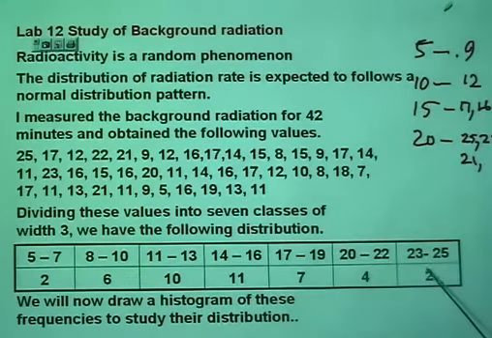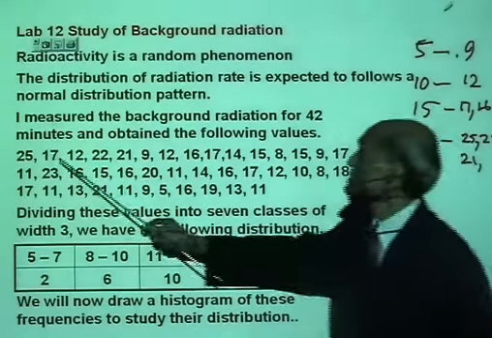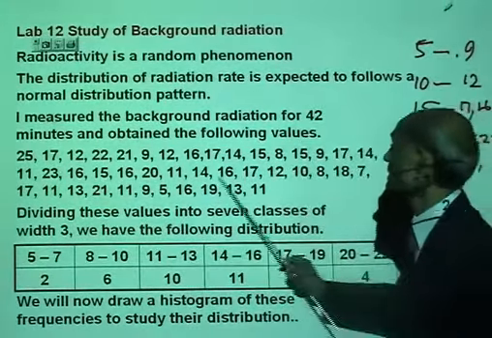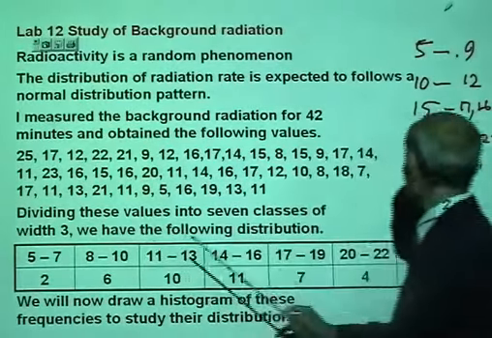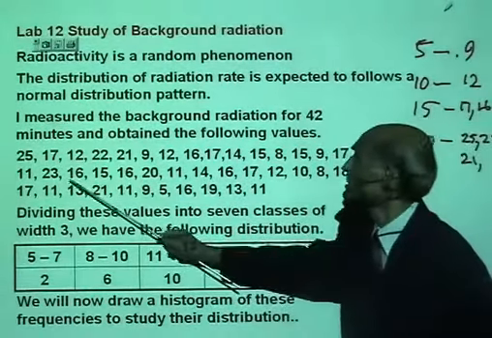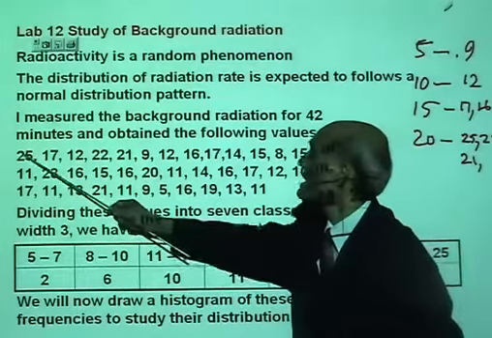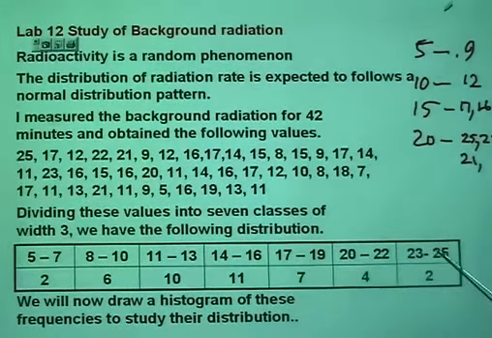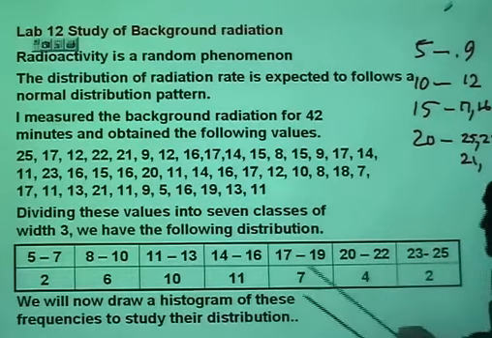And 23 to 25, there were 2. You see, there is a 25 there, and there is a 23, there you are. So there are 2 of those between 23 and 25.